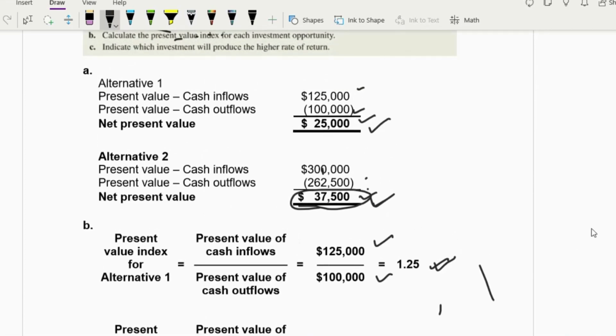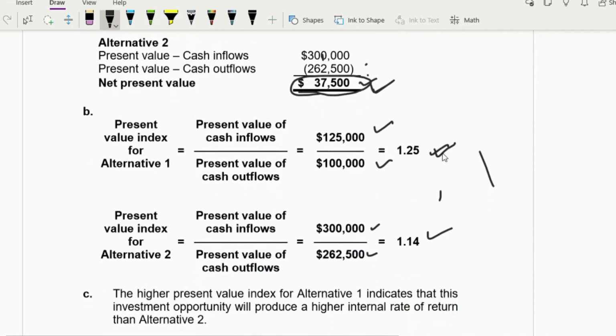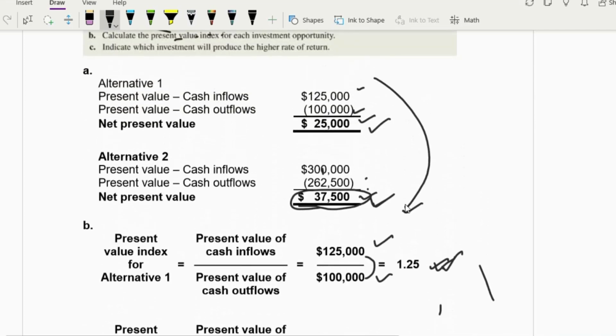If you see present value index, it shows us opposite results. It says 1.25 here and 1.14 here. So do remember, net present value has more priority over the present value index, because the index is calculated with the base, but net present value tells us really what residual earnings or inflows you will have over the outflows. So the decision should be based on net present value.